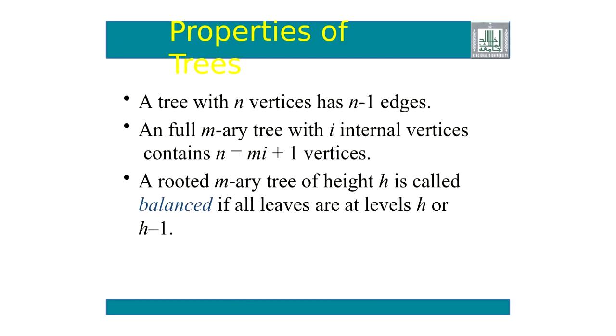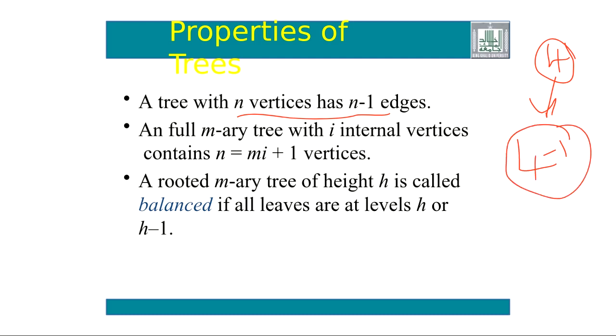Then coming to some properties of trees. Each and every tree has to follow some properties. So first, what are the properties? A tree with n vertices has n minus 1 edges. That is a property. Suppose maybe 4 vertices are there, so 4 minus 1 edges will be there. That means 3, maybe left child, right child, center child, like that.